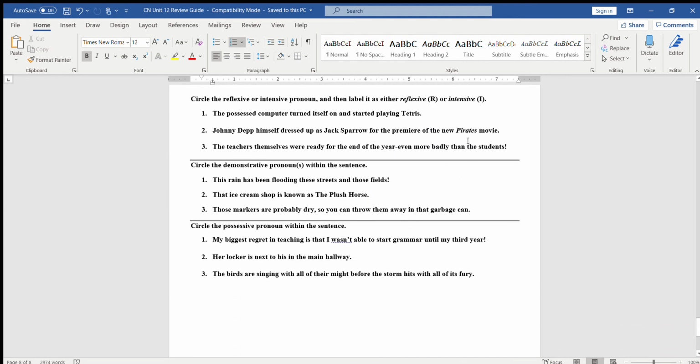Reflexive and intensive pronouns. Remember those are the ones that always end with the word self or selves. If it's right next to the noun that it describes, it's intensive. If it's coming after a verb, then it is reflexive. So if I said, Miss Devlin herself taught Spanish, herself would be the pronoun to circle because it ends with self.